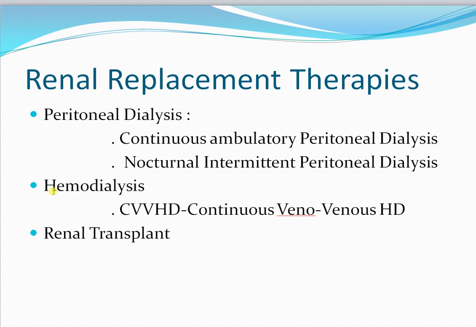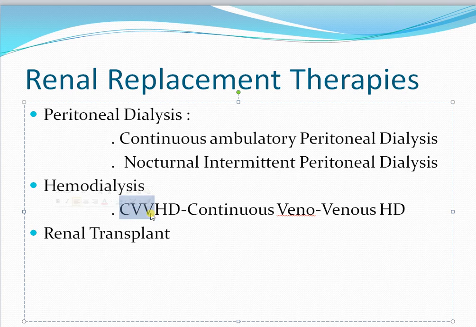Hemodialysis is another one, where you draw the blood from the venous side, dialyze it, remove all the toxins, adjust the electrolytes, take out the fluid, and then put it back into the arterial system. There is one thing which you usually tend to see in patients in the intensive care unit, which is called CVVHD, or continuous veno-venous hemodialysis. It's basically like a functioning kidney outside the body.